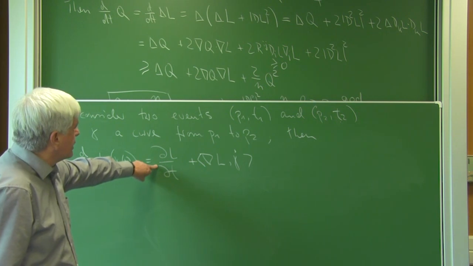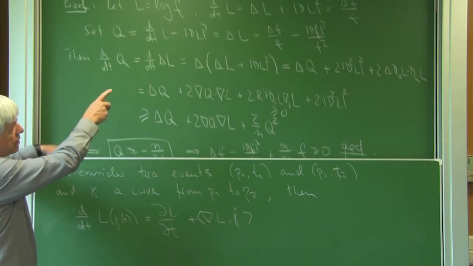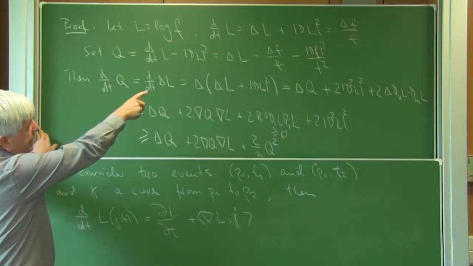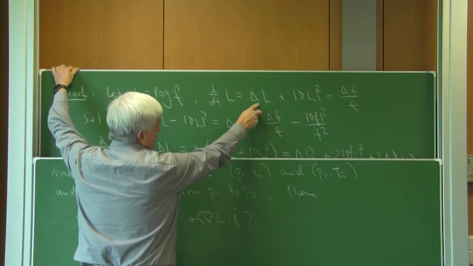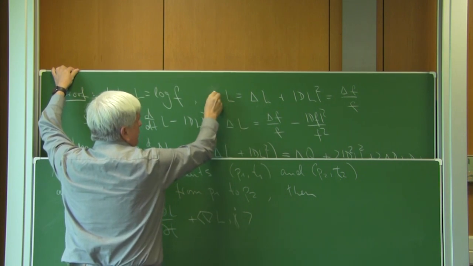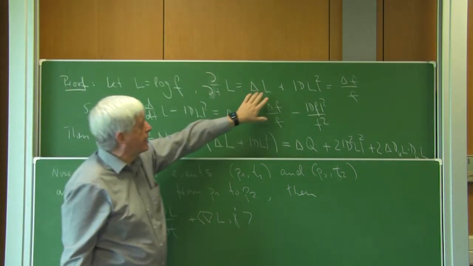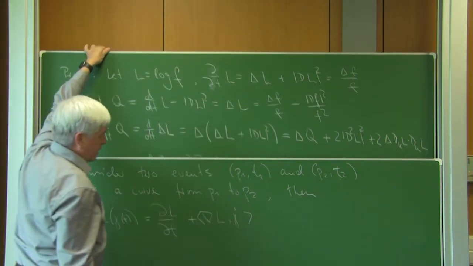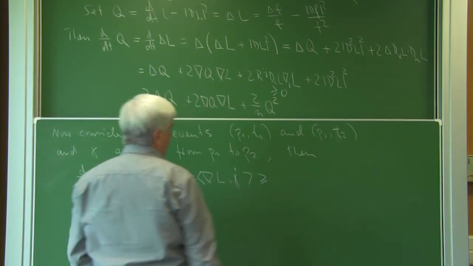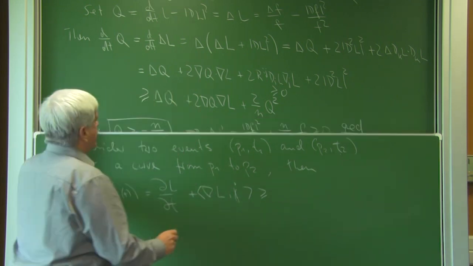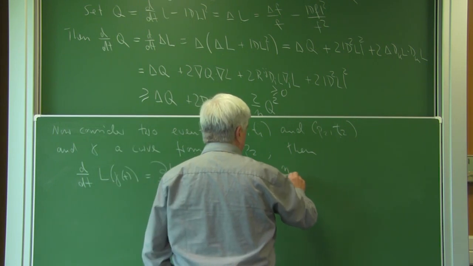And now the partial derivative of L, it's still on the board, was our Q plus |∇L|². I should write here, to make this absolutely clear, that the partial derivative of L is exactly given by our Q plus |∇L|². So I can estimate this from below by Q, and the estimate on Q was minus n over t, so that we get minus n over 2t.